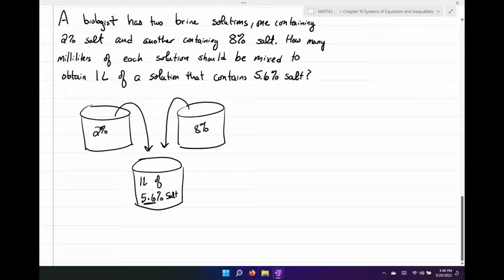Since they are different, and I don't know how much of each I'm going to need, I'm going to label this X and this Y. What I do know is this: I'm going to take some of the X, which is the 2%, and some of the Y, which is the 8%, and I need 1 liter or 1,000 milliliters of that. So we call this the amount equation.